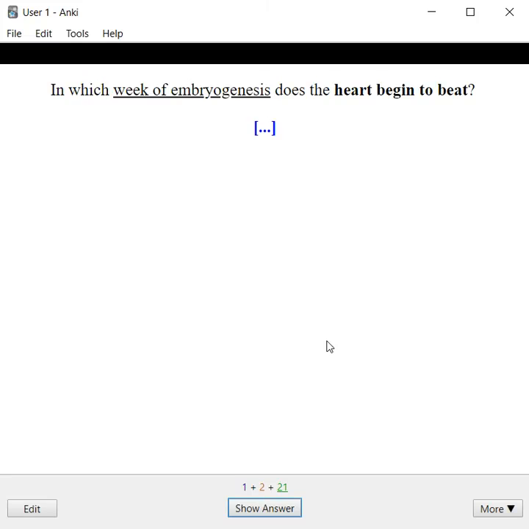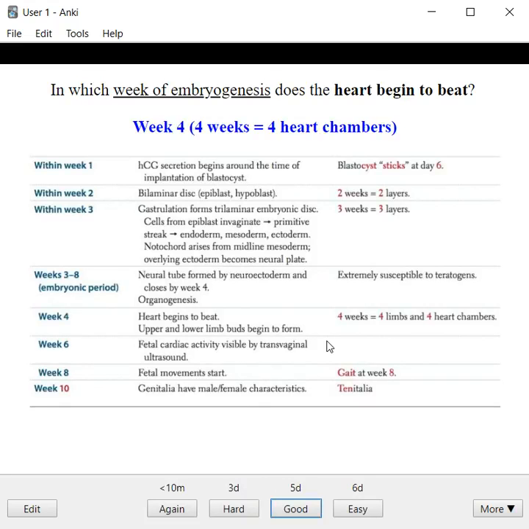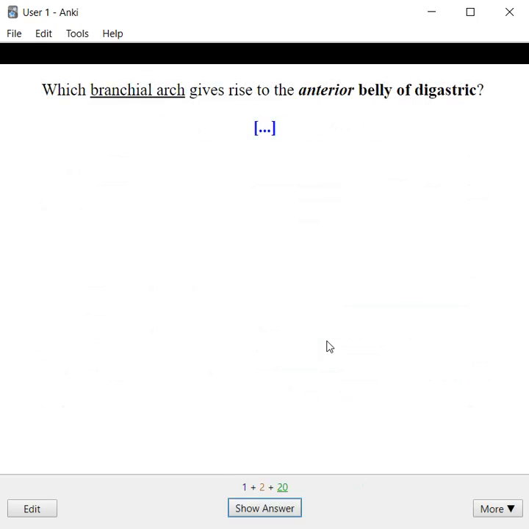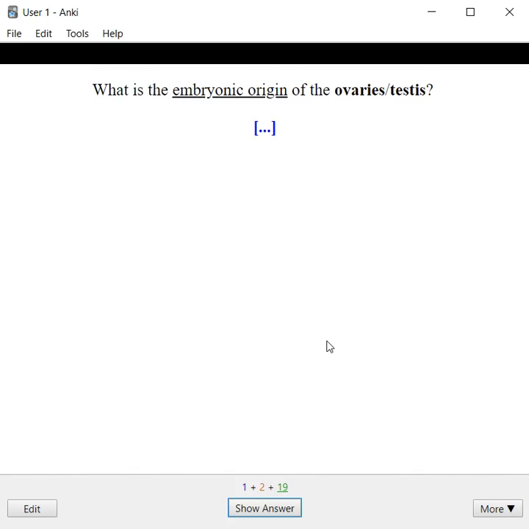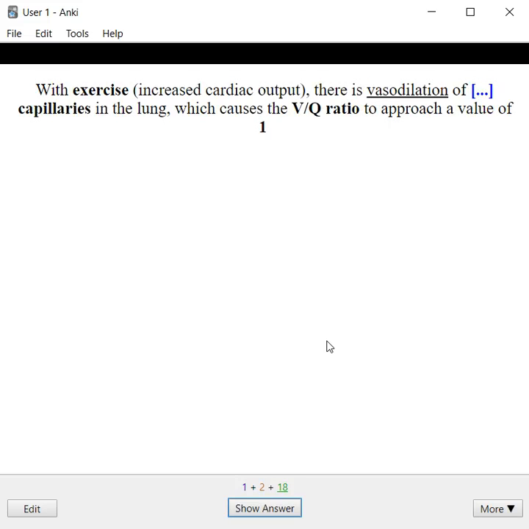In which week of embryogenesis does the heart begin to beat? Week 4. Which branchial arch gives rise to the anterior belly of the digastric? The first arch. What is the embryonic origin of the ovaries and testes? The mesoderm. With exercise, increased cardiac output, there is vasodilation of what capillaries?